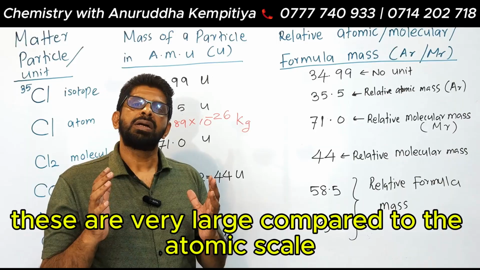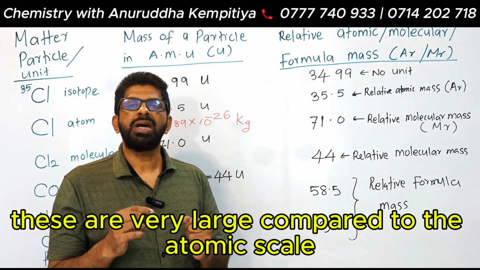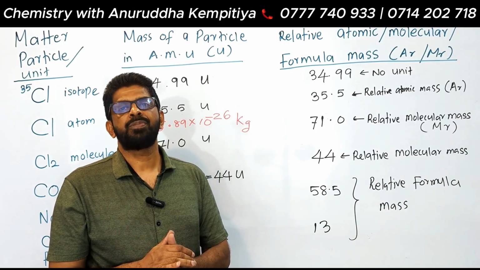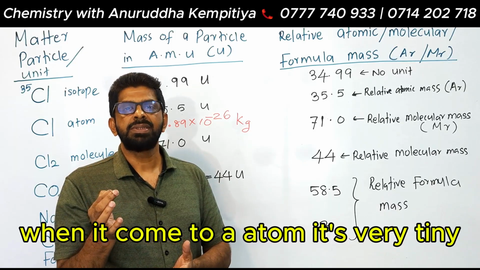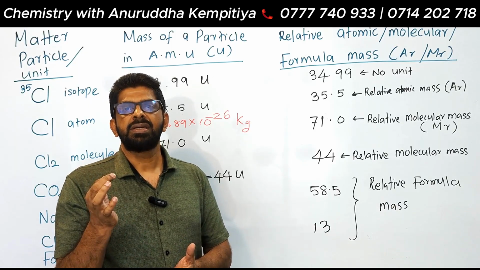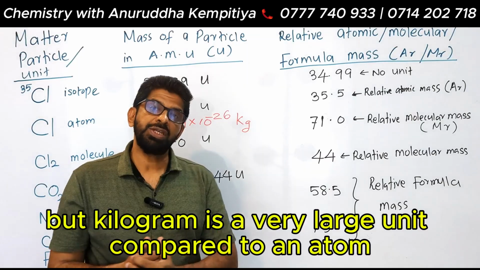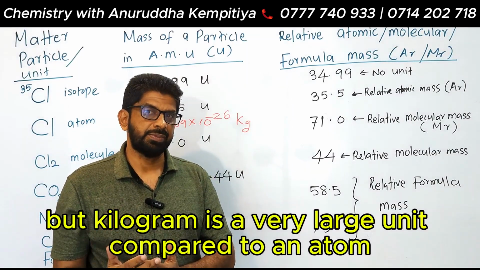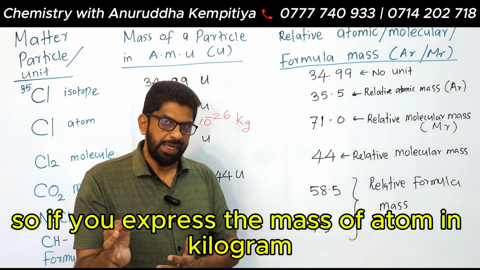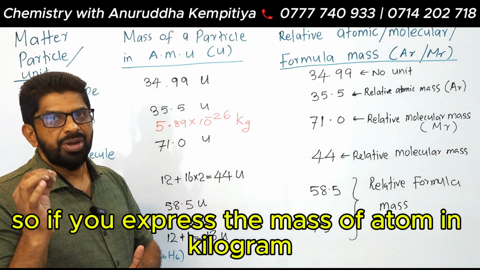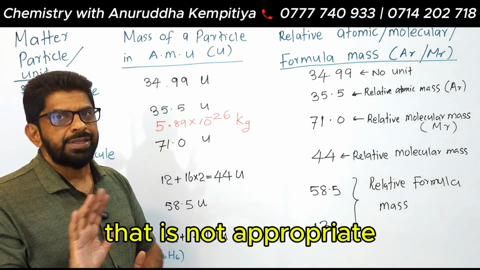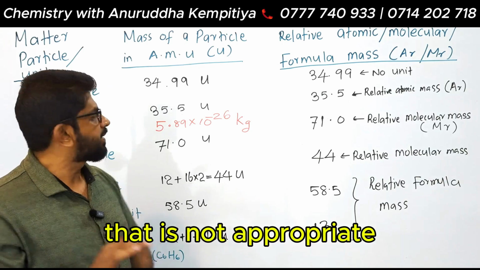These are very large compared to the atomic scale. When it comes to an atom, it's very tiny, but a kilogram is a very large unit compared to an atom. So if you express the mass of an atom in kilograms, that is not appropriate.